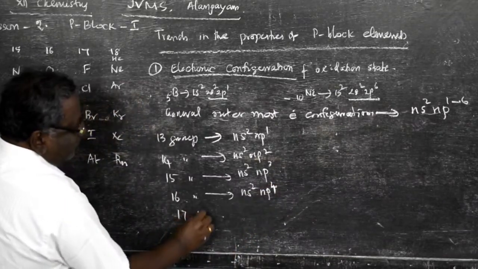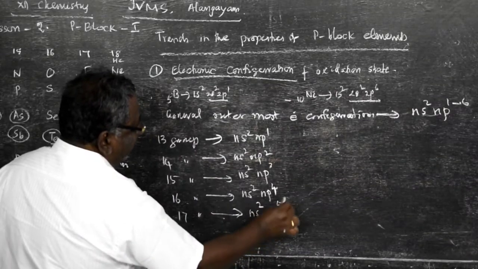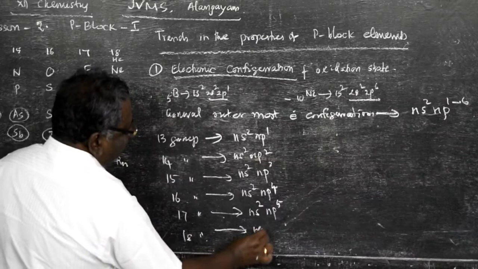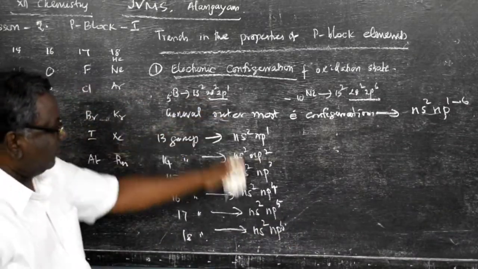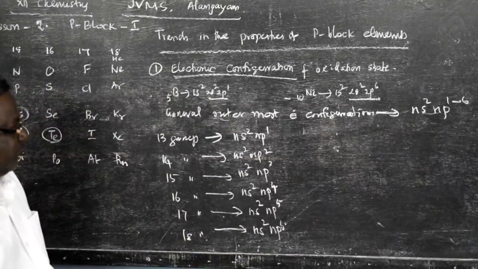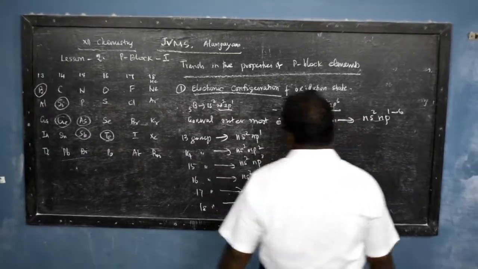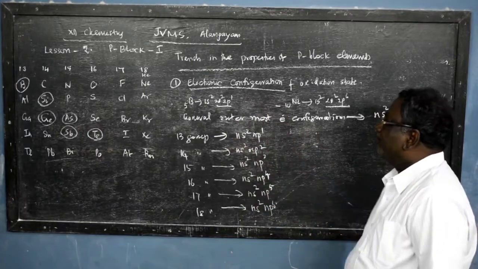If it is the 17th group, ns2 np5. If it is the 18th group, they will have ns2 np6. So this is how the outermost electronic configuration goes for all these elements. Right? So this is a very interesting arrangement of the elements according to the electronic configuration in the p block.